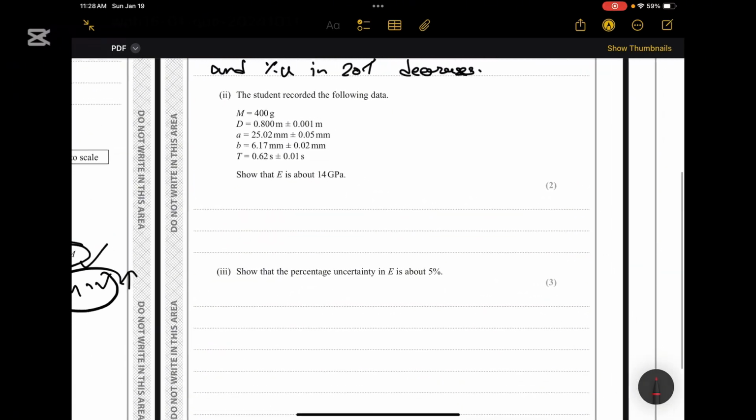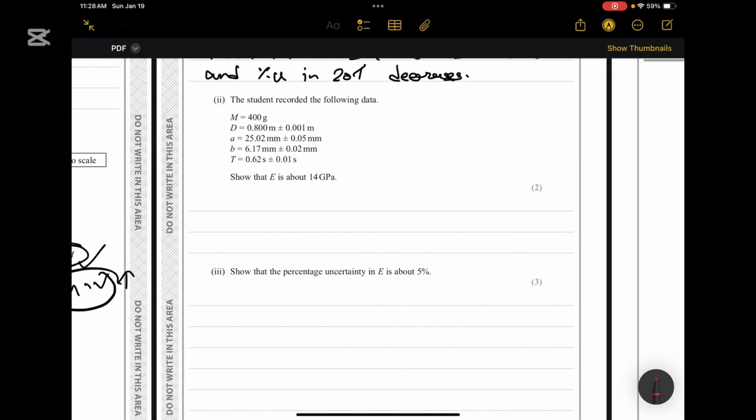They have said the student recorded the following data. Show that E is about 14 GPa.